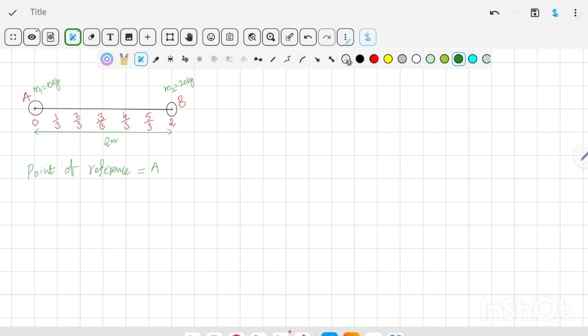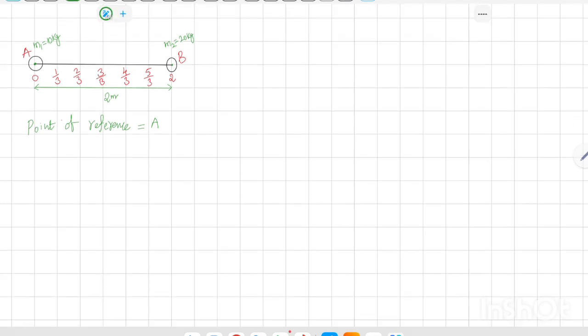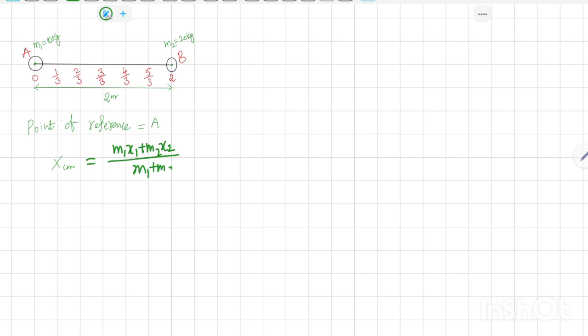We know that the center of mass is given by xcm equal to m1 into x1 plus m2 into x2 by m1 plus m2, where x1, x2 are the distances from the reference point.